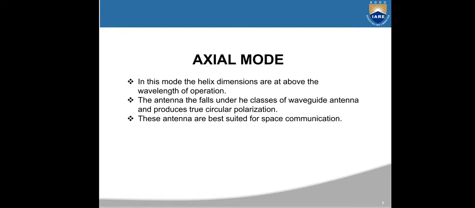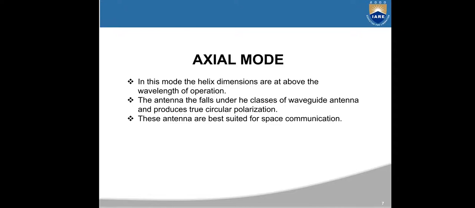Axial mode. In this mode, the helix dimensions are above the wavelength of operation. The antenna falls under the class of waveguide antennas and produces true circular polarization. These antennas are best suited for space communication.